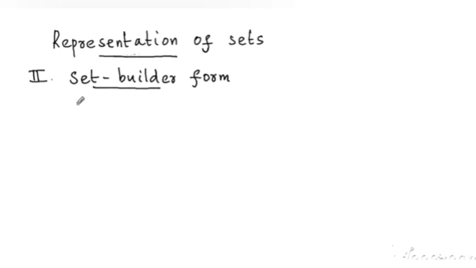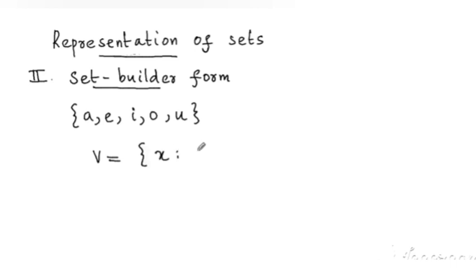All elements in a set have a single common property which is not possessed by any other element outside the set. Consider the collection in roster form, the set of a, e, i, o, u. You can see all the letters are vowels in the English alphabet. That is a common property of the elements in this collection.